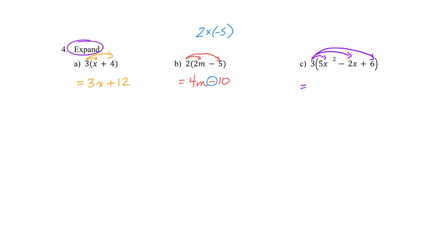I got 3 times 5x squared. So I can multiply my coefficients, 15x squared. I have 3 times negative 2, so that's a negative 6 with my x. And then I have 3 times a positive 6, that is an 18. If we came up with that, I think you're doing great. I think that that's proof to you that you're good on expanding.